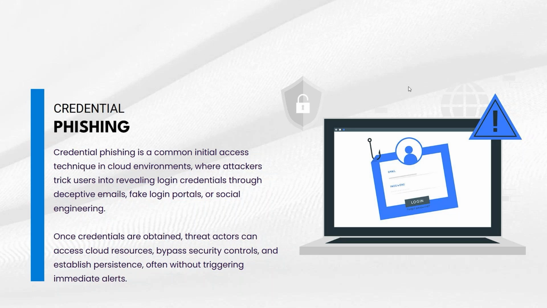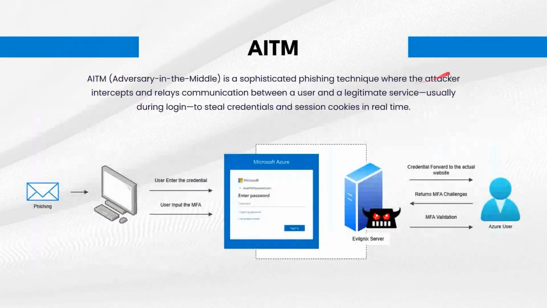This is the first major technique commonly used in adversarial attacks. The next would be AiTM. As we know, the cloud account is protected with MFA, and it's quite hard for attackers to bypass it. So they developed techniques like adversary-in-the-middle attacks to perform sophisticated phishing.